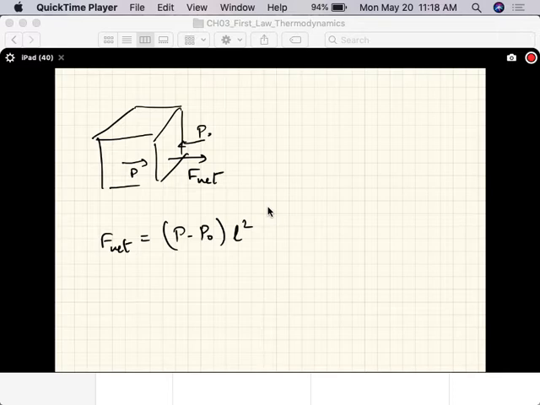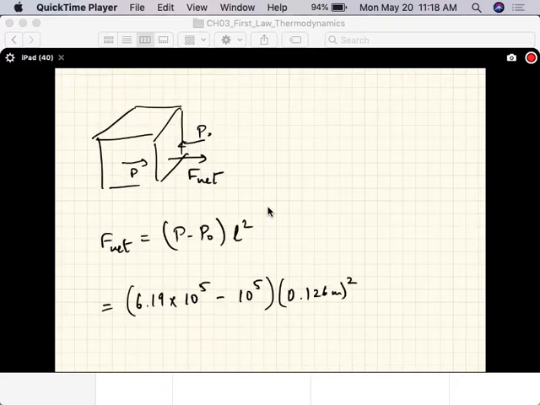Okay. All right, so P is 6.19 times 10 to the 5. P naught is 10 to the 5, and L is 0.126 meters squared. And this was Newton per meter squared.